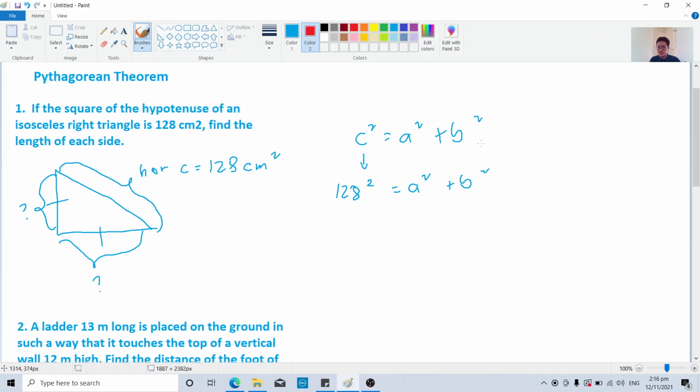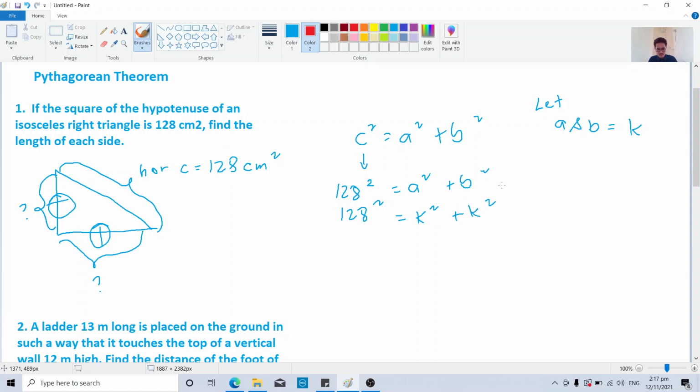How do we find the length of each side? Since it is an isosceles triangle, I said this side and this side are equal. When we say equal, whatever the value of one side is, that is also the value of the other side, because we have an isosceles right triangle. Now, let's let A and B, that is small b, be equal to K. That means we assume that A and B are equal to K, since it is isosceles and the sides are equal. Now, let's rewrite: 128 squared is equal to K squared plus K squared.